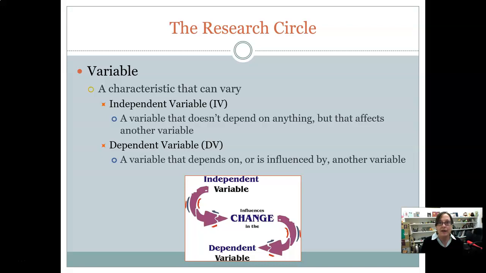So it'd be things like, if we want to see the effects of a prison program for inmates on their recidivism rates, the dependent variable is the recidivism rate. That's what you're really interested in. That's the whole point. You're trying to reduce recidivism rates. And so if we're going to test the effect of this program, say an anger management program, for example, then that program is the independent variable.